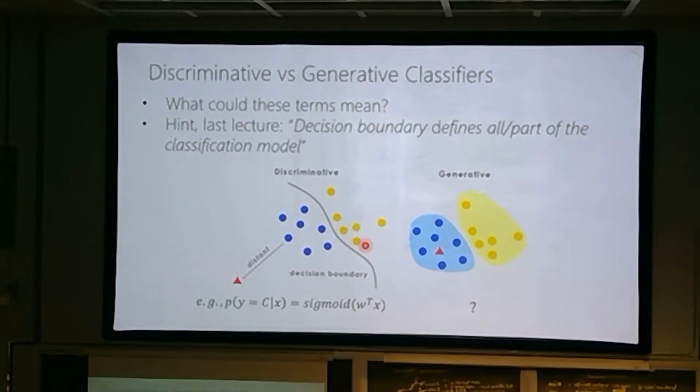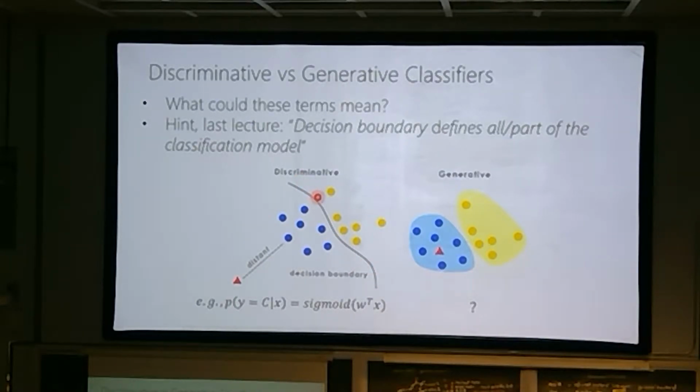Okay, so what is the difference between these? There's a picture here. The way I think about it is that the discriminative model is just computing a score that tells you how different the two classes are. So in some sense, it's almost directly modeling the decision boundary.